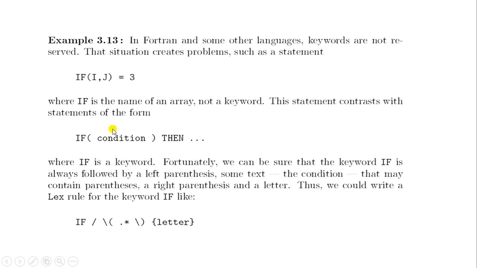In these cases we have the parenthesis, followed by some condition and one closing parenthesis. So we write if, the slash, then a bracket with a dot and an asterisk. The dot and asterisk indicate that there can be any number of characters in the condition, followed by a closing bracket, and then any number of letters. So in these cases it directly indicates that if is a keyword.